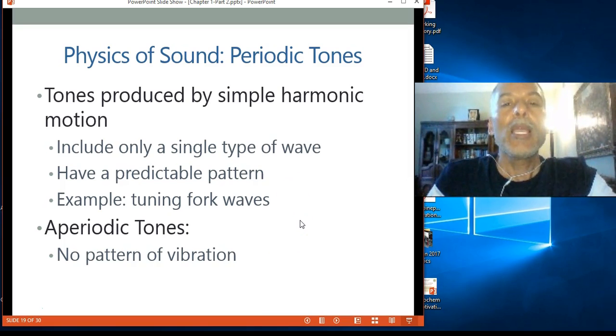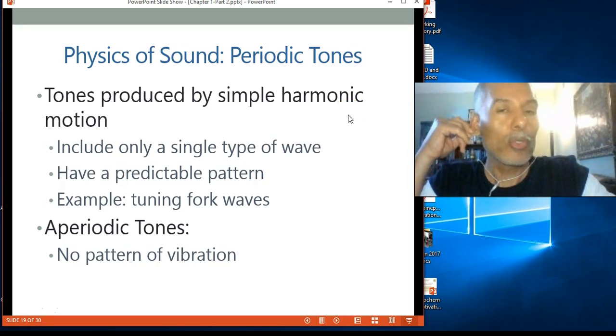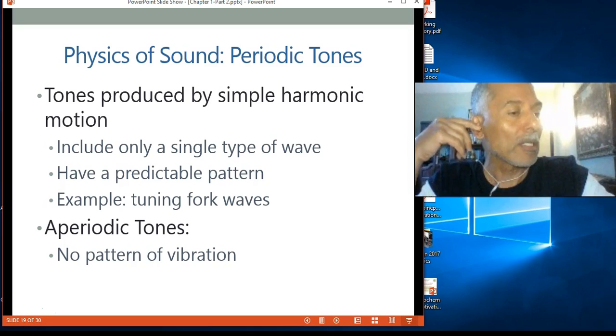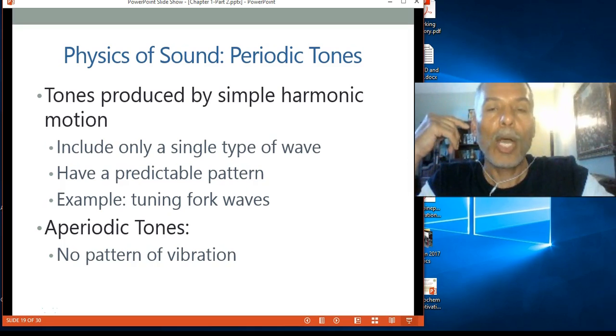A tone that is made by simple harmonic motion, we call a periodic tone, or a pure tone. And you will be doing pure tone audiometry. You will do some hearing testing in the clinic where you test someone's hearing using an audiometer.